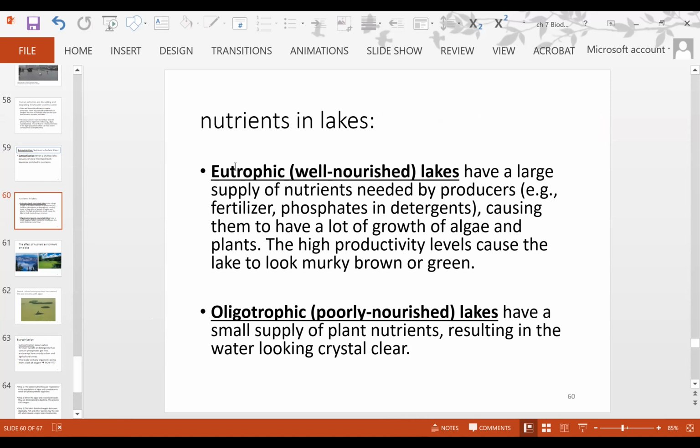Eutrophic lakes have a large supply of nutrients that are needed by producers, for example, fertilizer and phosphates in detergents, and that can cause the lake to have a lot of growth of algae and other plants, and it becomes highly productive, and the lake can look murky, brown or green.